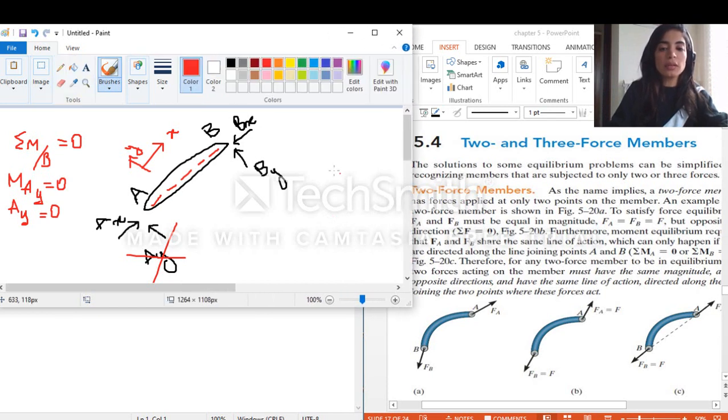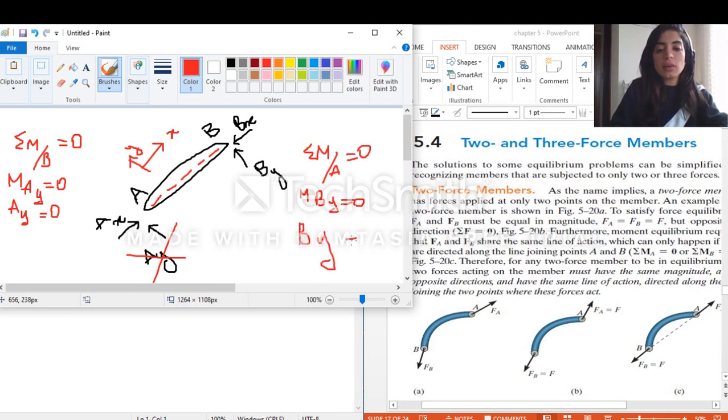Now let's do the same for the sum of moments around A. So the sum of moments around A is equal to 0. Now here I have AY equal to 0, so the moment of AX is equal to 0, the moment of BX, because it is also passing through A, is equal to 0, so I only have the moment of BY. So the moment of BY is equal to 0, and since BY could not be passing by A, this means that BY is also equal to 0.